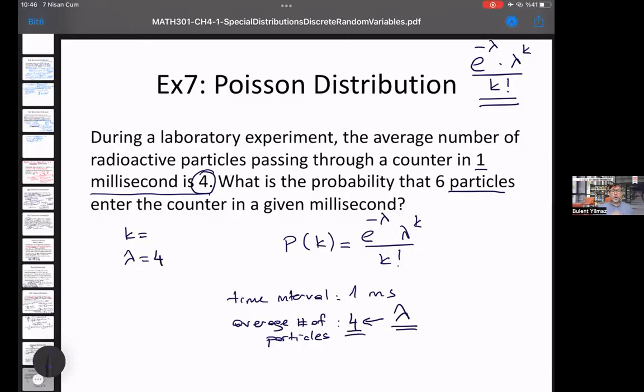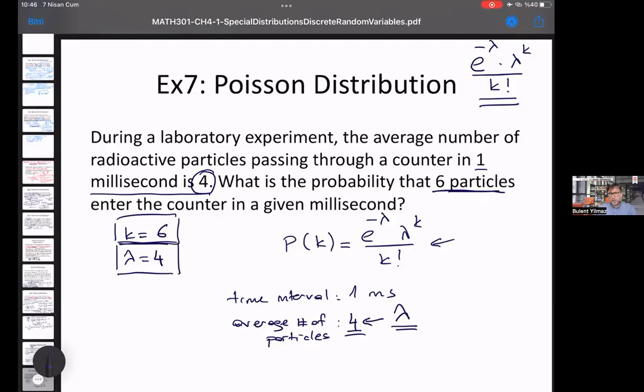Then you go to the formulation and find out what is the probability that 6 particles enter the counter in a given millisecond. So now I want to find out 6 particles. On average, it is 4, but I'm trying to find out what's the probability of obtaining 6 particles. Not 4, but 6 this time. Is that clear, guys?